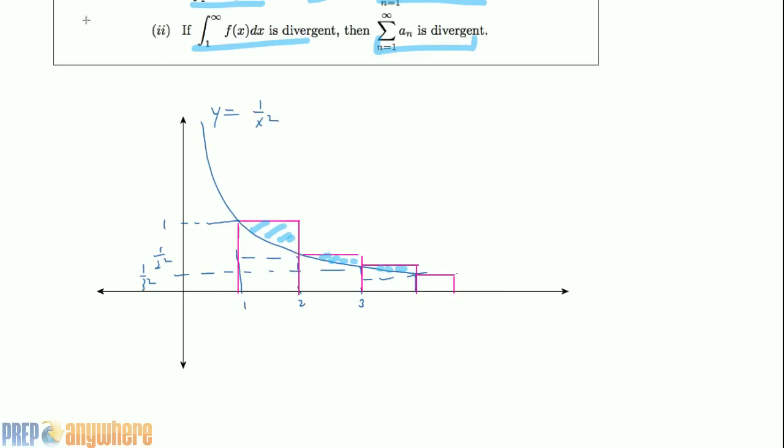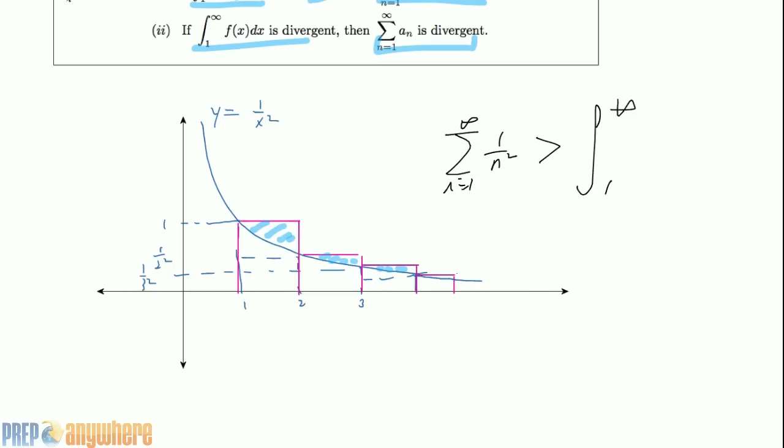So this will continue this way. From this picture, you can see that the infinite sum from n equals 1 to infinity of a_n, in this case 1 over n squared, is greater than the integral from 1 to infinity.